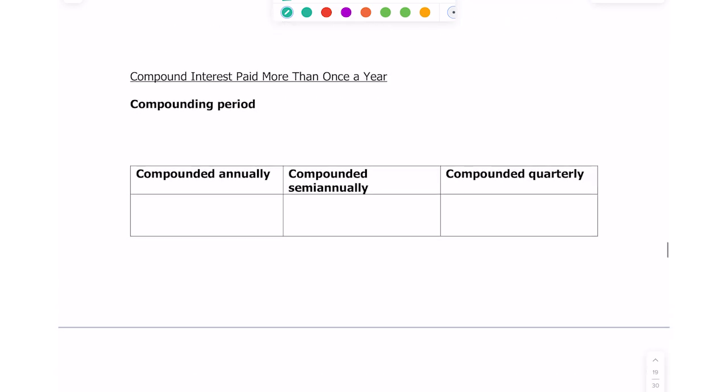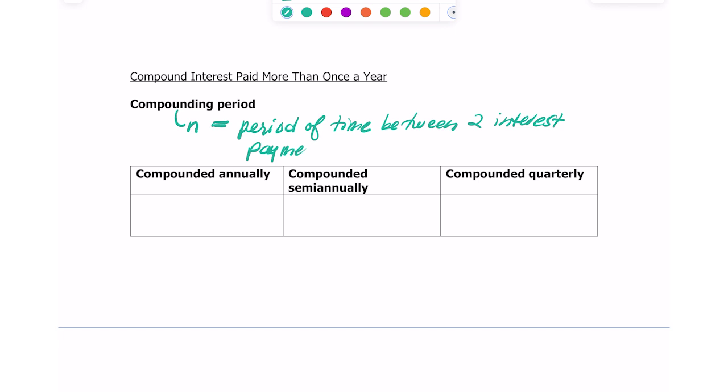What happens when we compound interest more than once a year? We have what's called a compounding period, and it's symbolized by the letter N. N is just the period of time between two interest payments. Think of it as the number of times you're compounding.